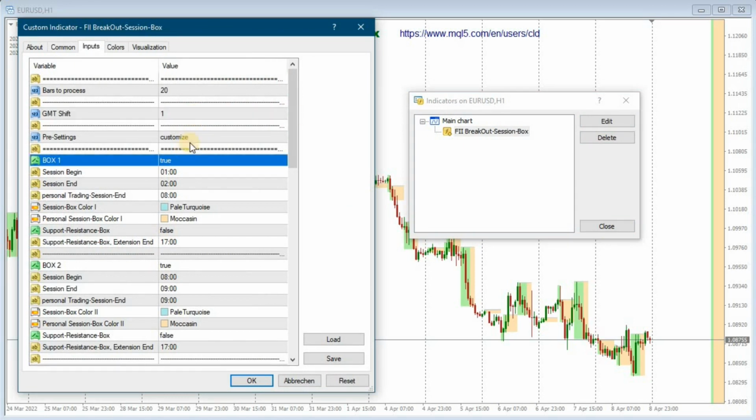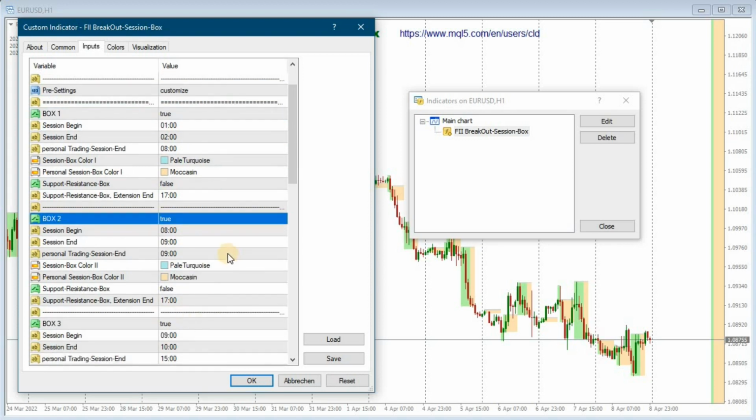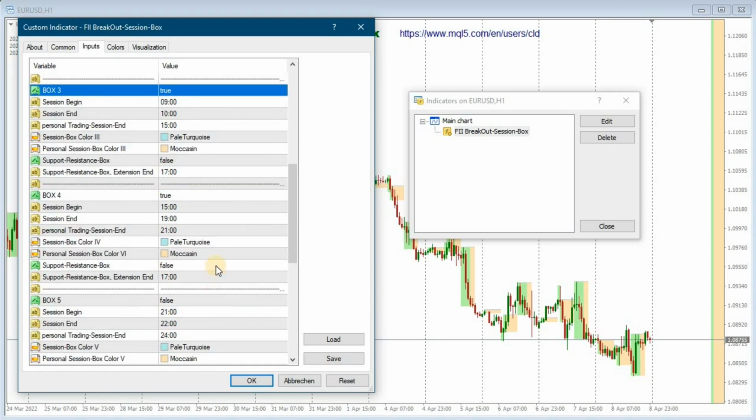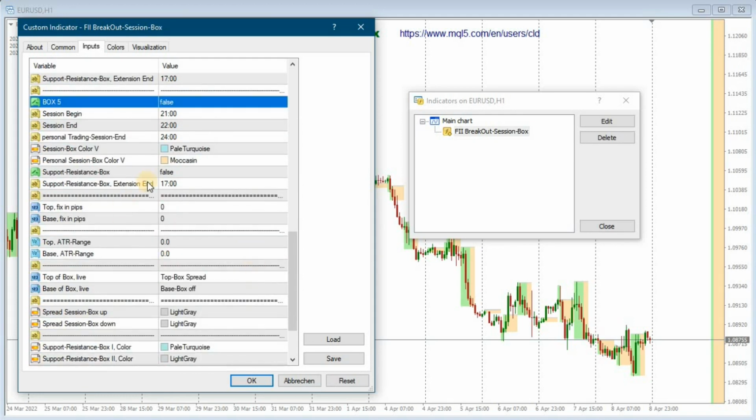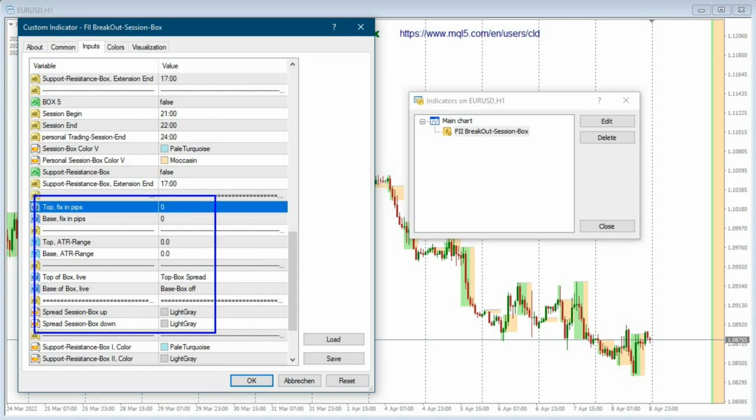Under the custom settings, 4 boxes are activated by default. At the bottom of the settings, you will find the setup for another box, which is displayed above and below the boxes, the spread box. Here you can store fixed pips, the calculated ATR, or display the spread visually by default.